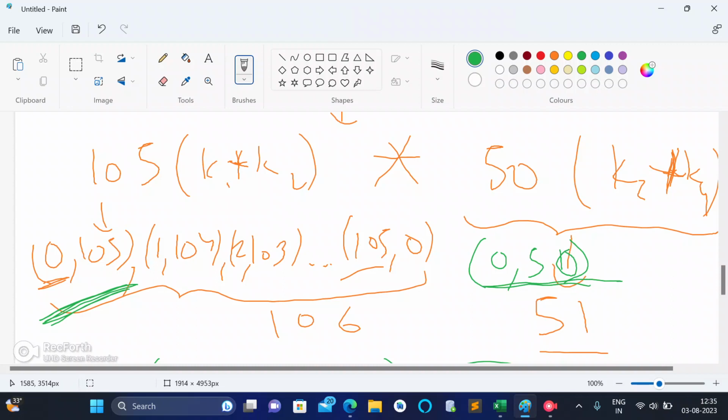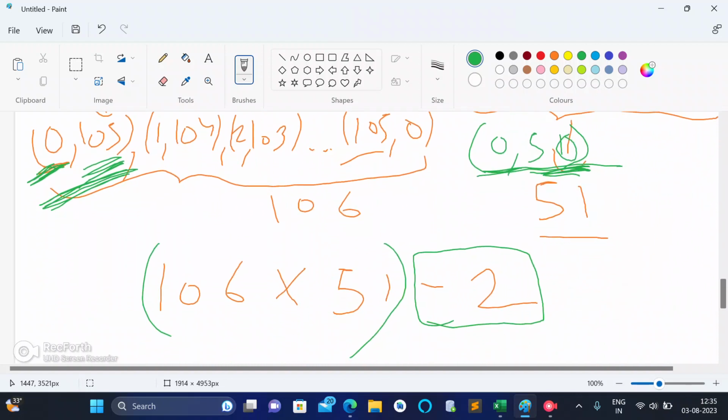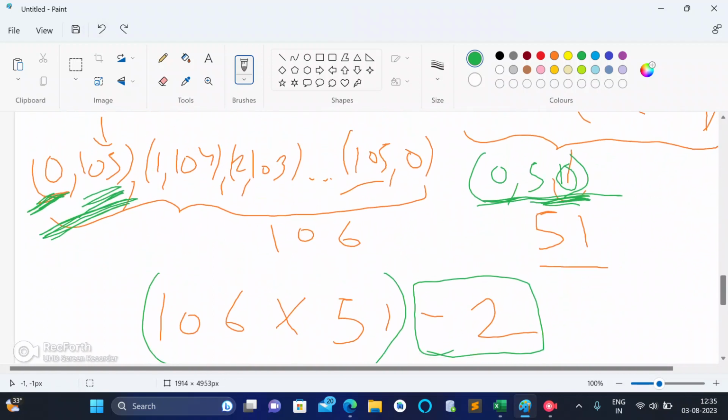In that case, one number would definitely be 0 and the other number would be a positive integer, and we are given in the question that the number can't be 0. Therefore minus 1.